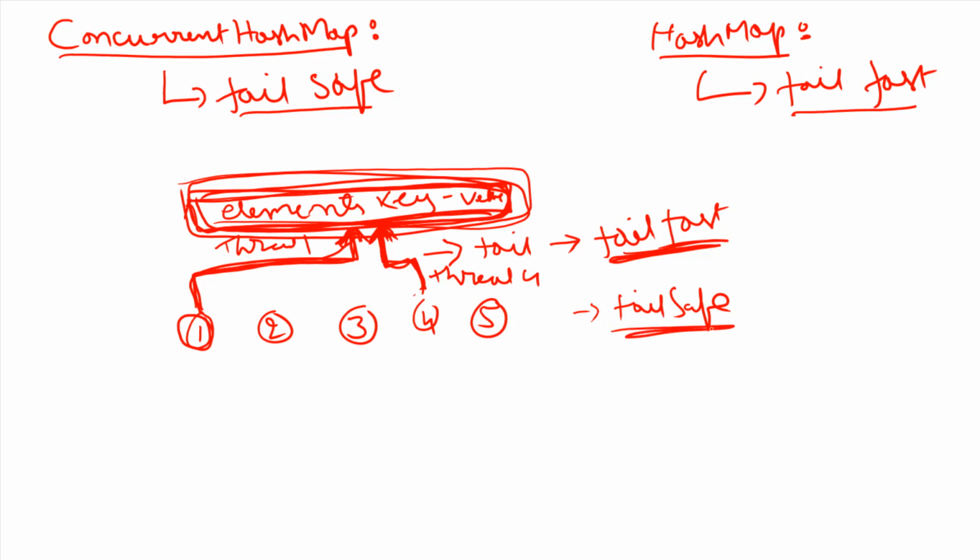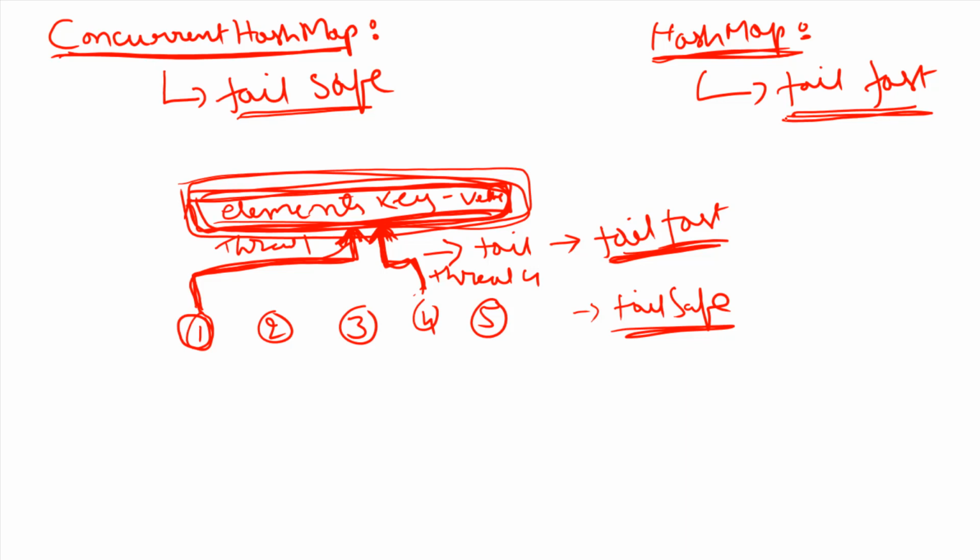Then that is a fail safe. And this concurrent hash map is an example for a thread safe map. That means it is fail safe. And hash map is an example for fail fast one. That means it is not thread safe.